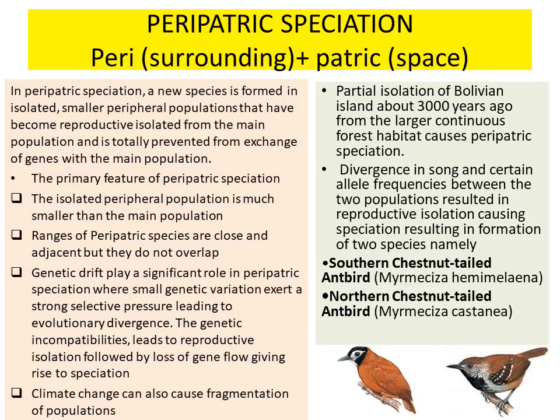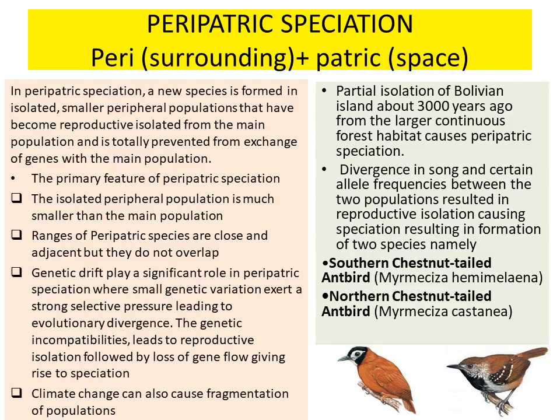Next, genetic drift plays a very important role. Climate change also plays an important role. So partial isolation of a Bolivian island around 3000 years ago formed a large continuous forest habitat, causing parapatric speciation. So what happens? We have got 2 types of chestnut-tailed antbirds.